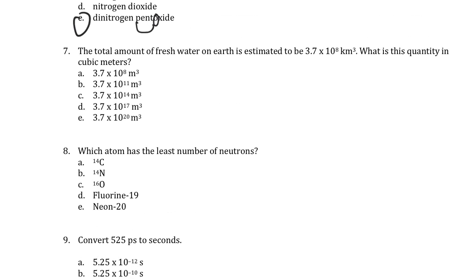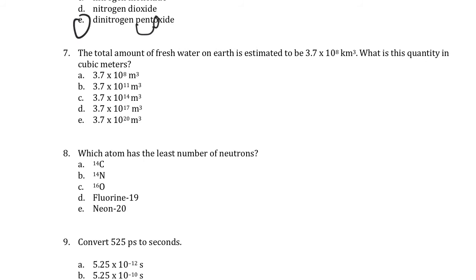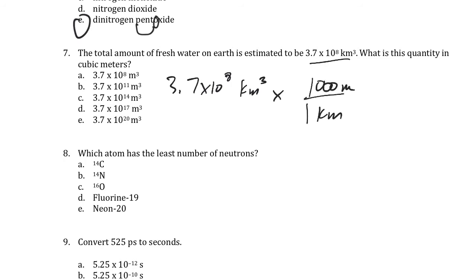So number 7, the total amount of fresh water on Earth is estimated to be this quantity. What is this quantity in cubic meters? So this is just a conversion problem. So we go 3.7 times 10 to the 8 cubic kilometers. Big conversion here is that 1 kilometer is 1,000 meters. We cube that, so we have the cubic meter, cubic kilometer, then we have to cube the 1,000.